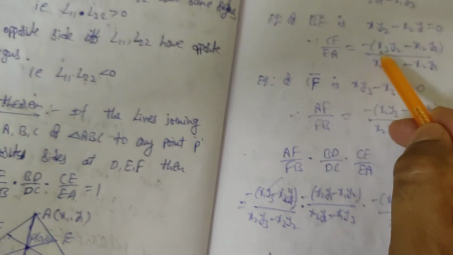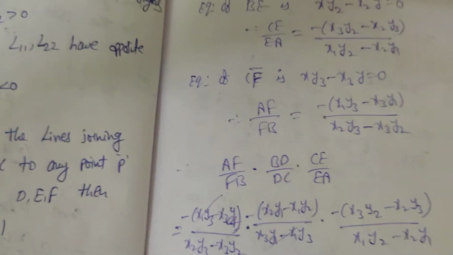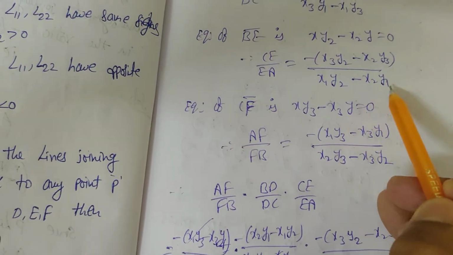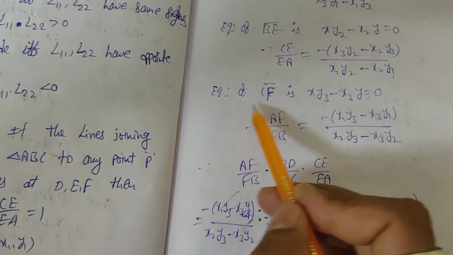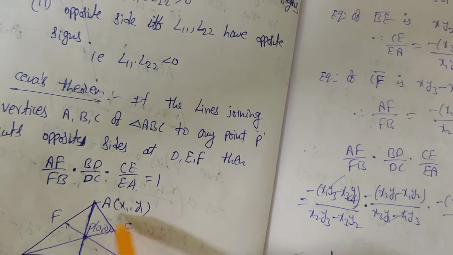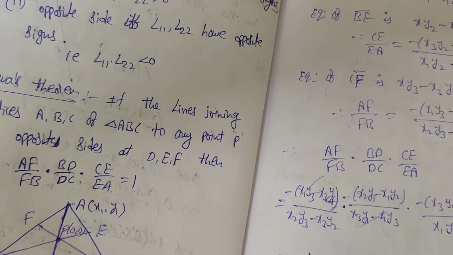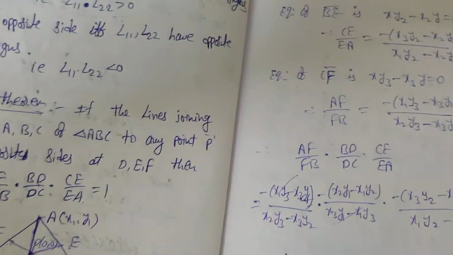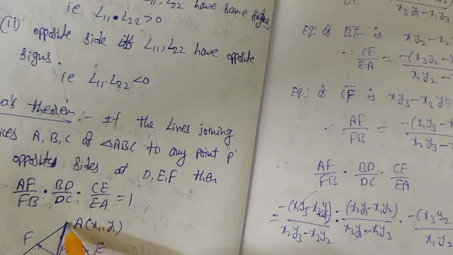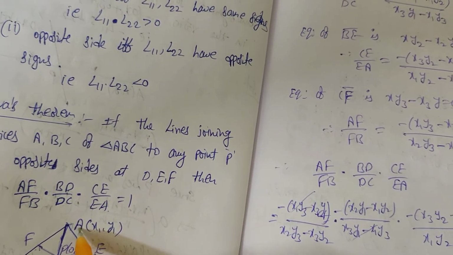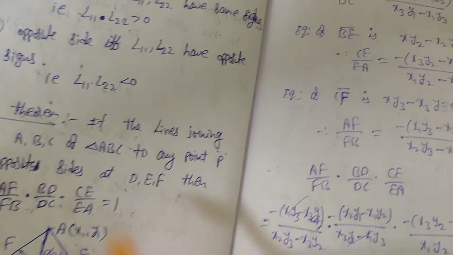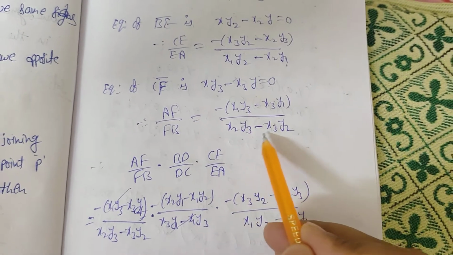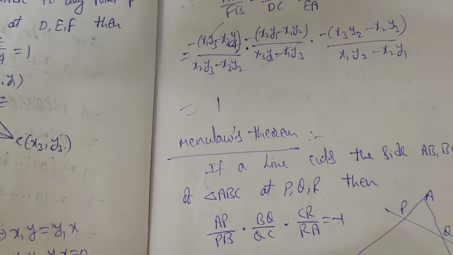That means minus of x3 y2 minus x2 y3, by, next substitute A, that gives x1 y2 minus x2 y1. Similarly, the equation of CF is x y3 minus y x3 is equal to 0. Then AF by FB we want. For AF by FB, substitute first A x1 y1, after that substitute B x2 y2. So that is minus of x1 y3 minus x3 y1 by x2 y3 minus x3 y2.